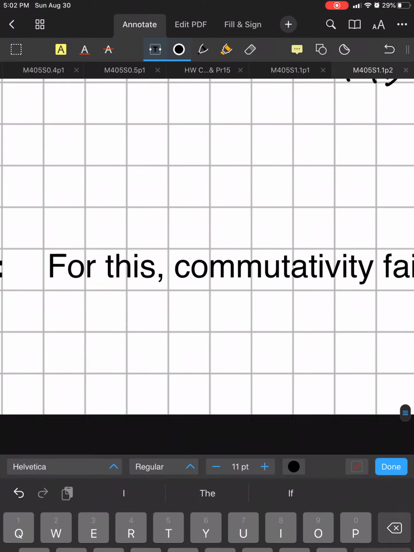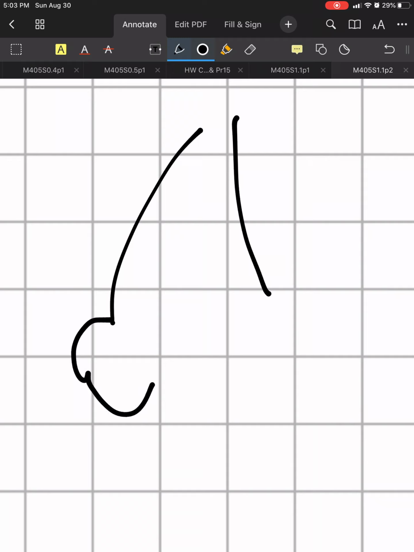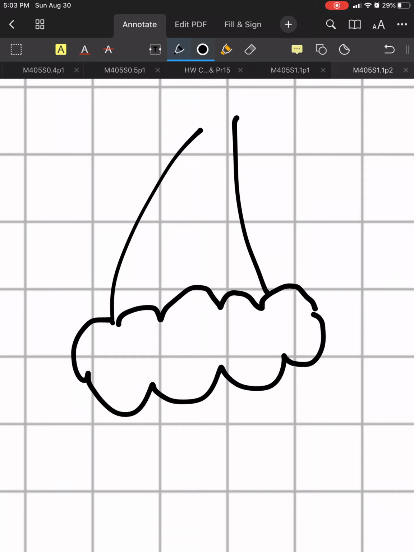since there's so many circus colors here, oops, I should draw you a clown, right? All right. Okay.